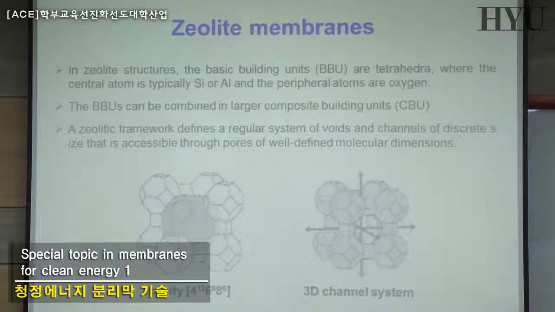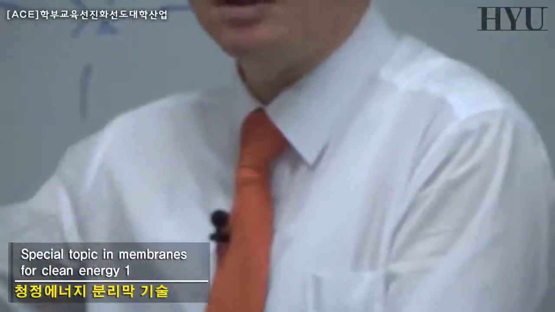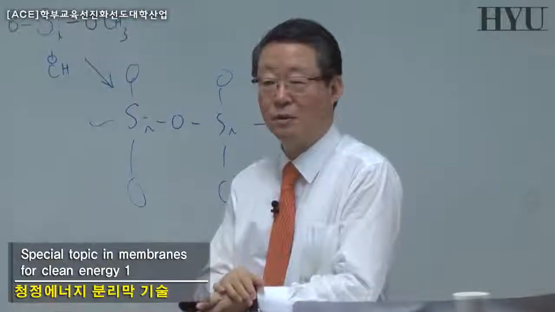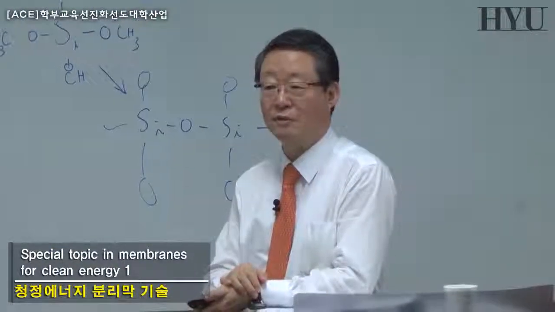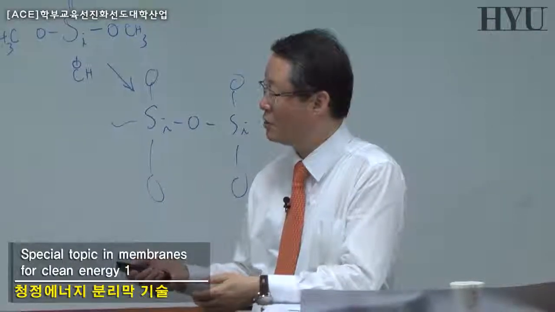About 2 years ago, Professor Yoon Kyung-byung at the chemistry department of Sogang University reported the zeolite structure in a Science paper in the December issue of 2012. What they have done was that they made this zeolite with a very fine structure.